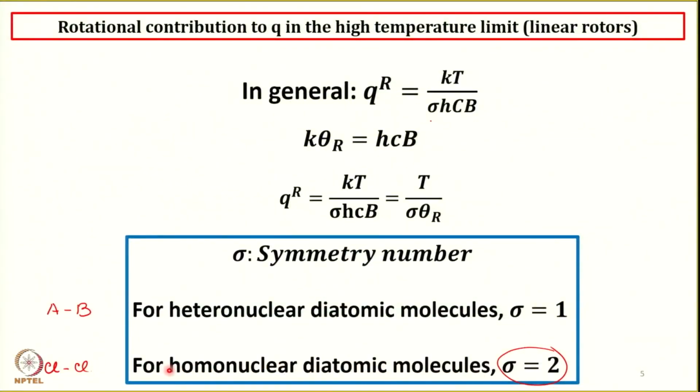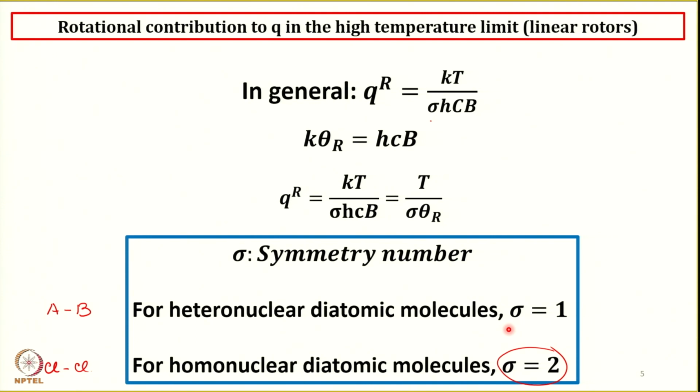When it is symmetric, that is a homonuclear diatomic molecule like Cl2, you require sigma equal to 2. For non-symmetric AB type, sigma is equal to 1.